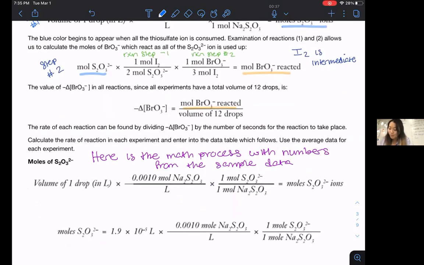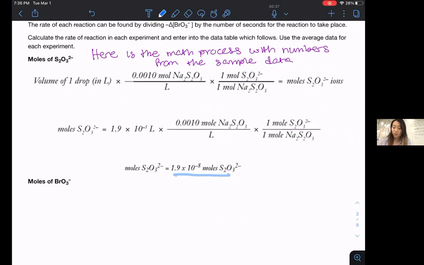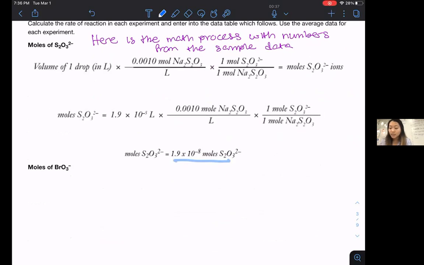Once you get the moles of bromate, then you calculate the change in bromate. So that's a lot of words. Here's the actual process with numbers. Like I said, I'm going to download this for you guys so you can study it on your own with all my commentary, but it's relatively, quote unquote, simple calculations. Here's the catch. You got to track the units.